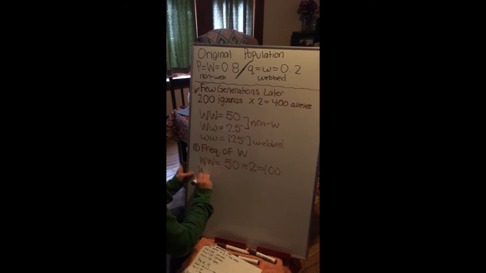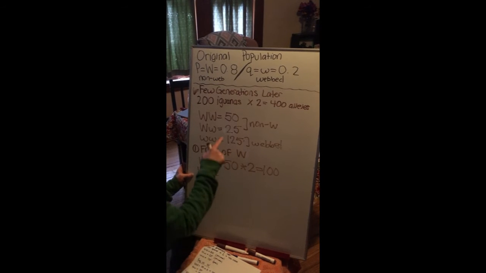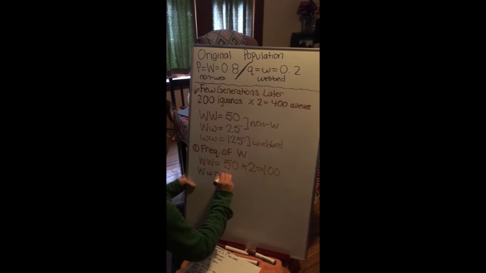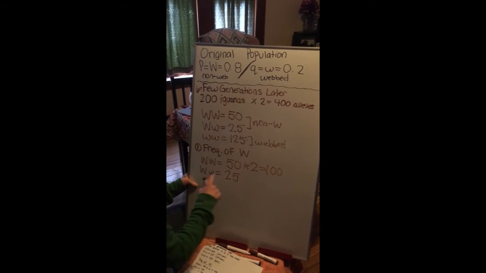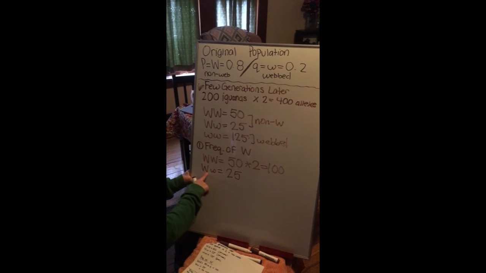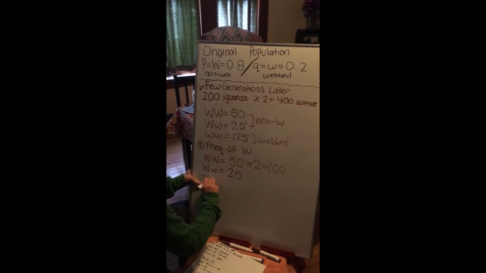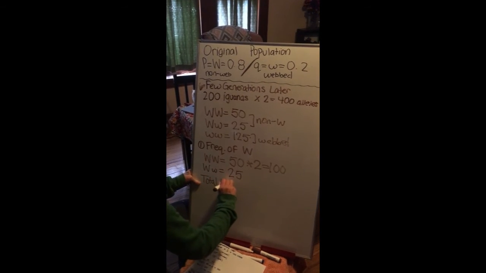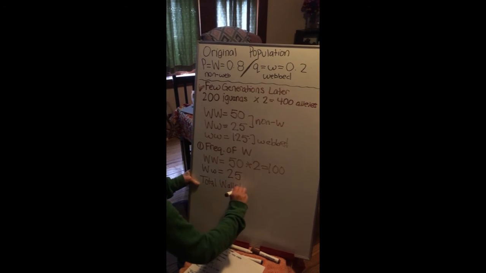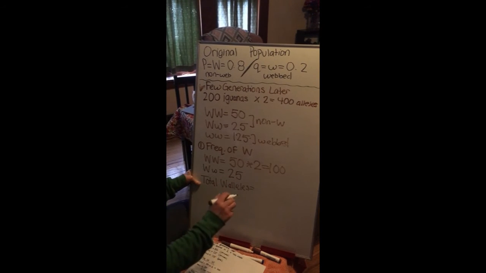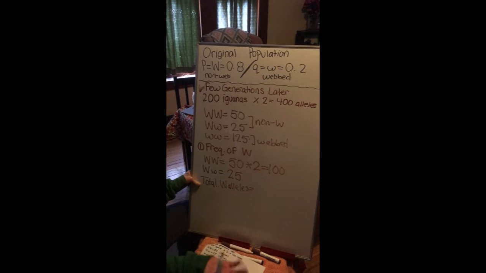Then don't forget our heterozygotes. We had 25 heterozygotes, and they each had 1 of those dominant alleles. So to figure out the total number of dominant alleles, we'll take 100 plus 25, 125.